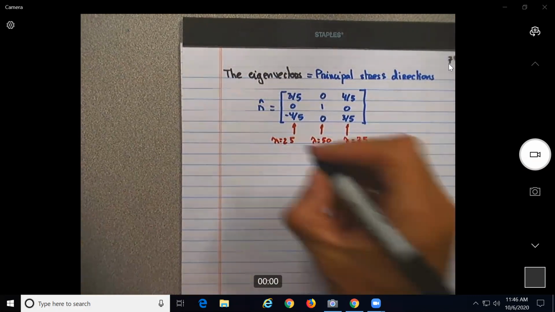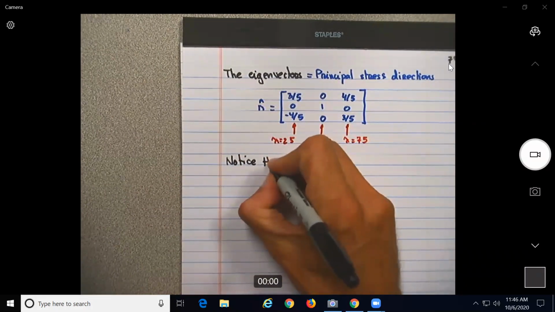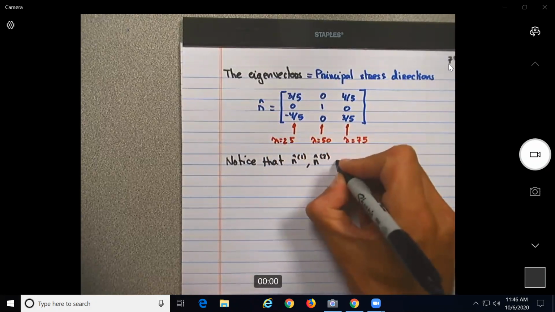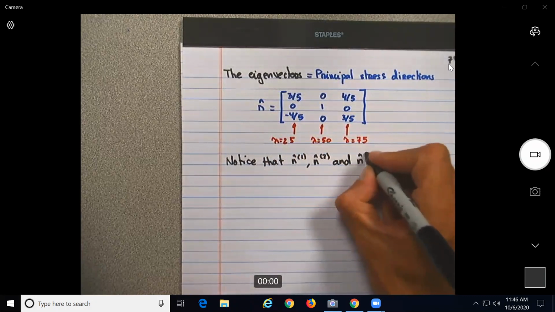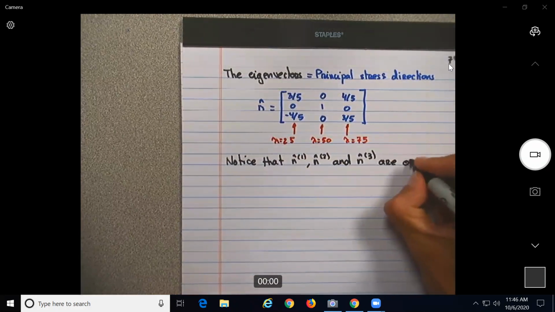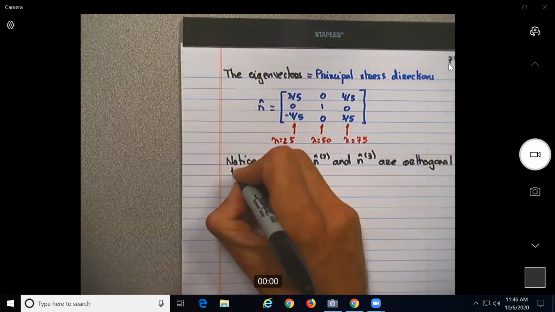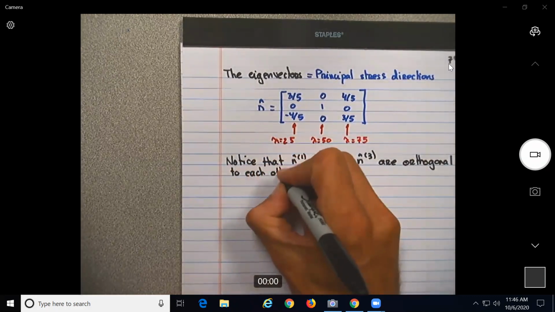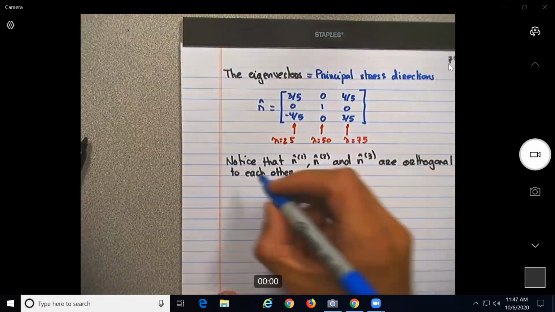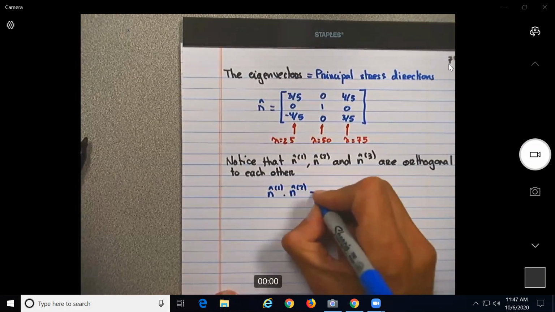Okay, so notice that n1, n2, and n3 are orthogonal, which is the same thing as perpendicular, to each other. So that means what? That n1 dot n2 is zero. Let's do it. What would you get for this one?